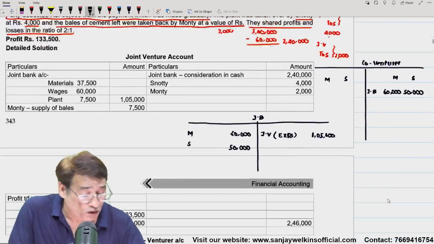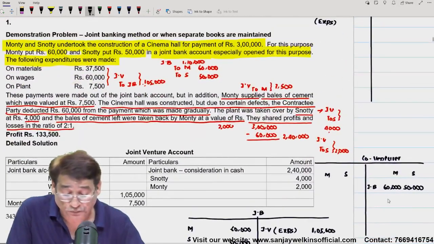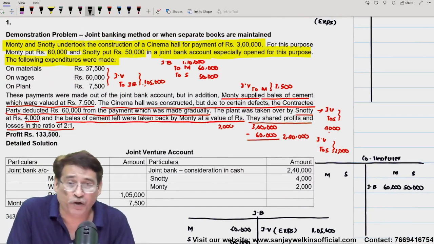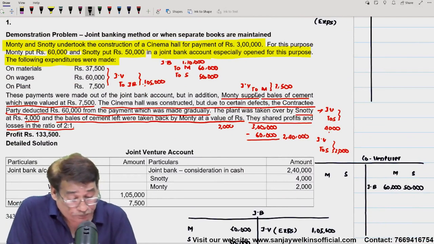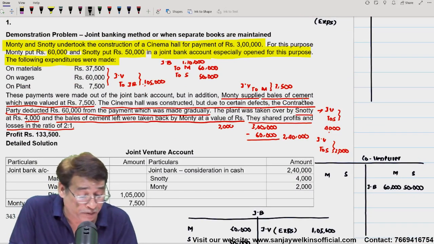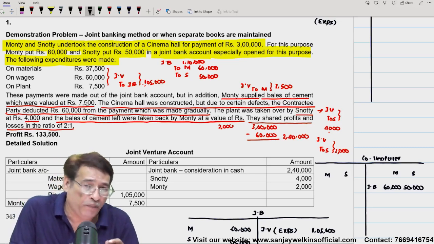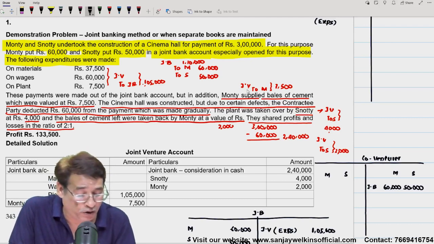Sorry, 1,05,000 total. After this, it was stated in the question that Monty supplied bales of cement which were valued at 7,500. That means Monty is incurring some expenses on behalf of the joint venture. So your entry will be joint venture to Monty.